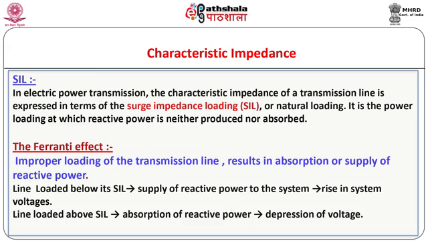When the line is loaded below its SIL, it supplies reactive power to the system, which in turn tends to raise the system voltages. When the line is loaded above SIL, the line absorbs reactive power, tending to depress the voltage. This effect is known as the Ferranti effect. This effect describes the voltage gain towards the remote end of a very lightly loaded or open-ended transmission line.